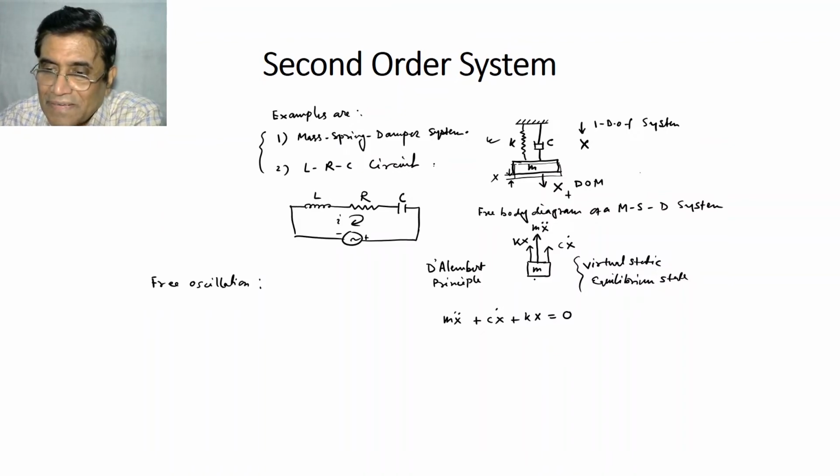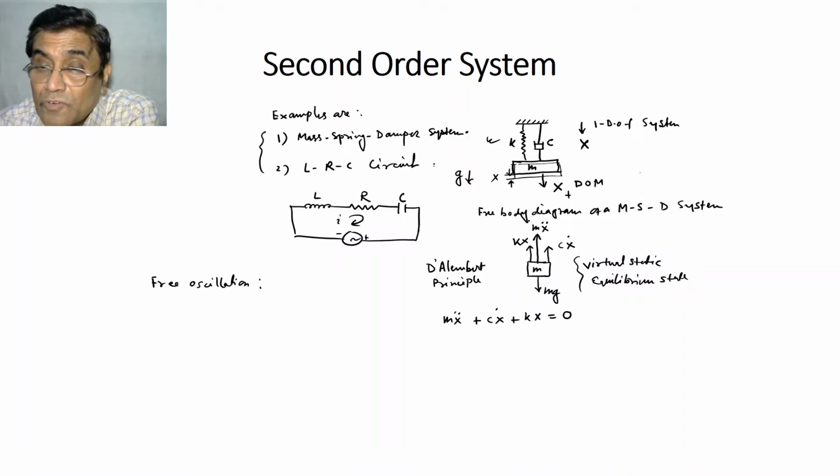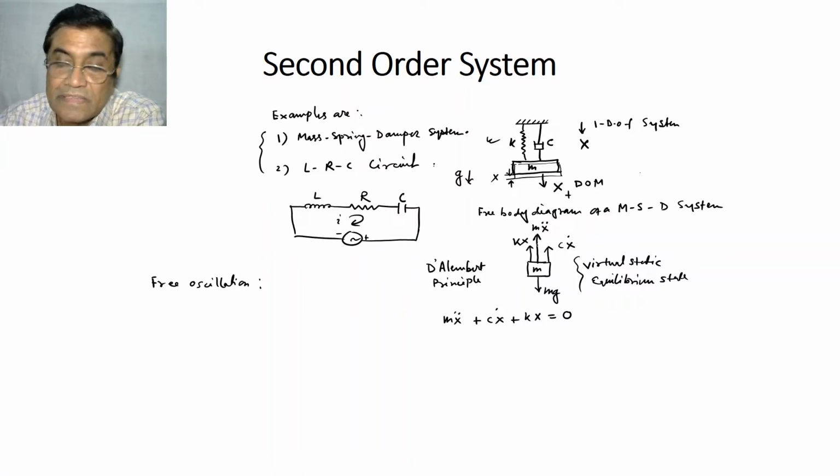I told you that in free oscillation, gravity has no role to play here. But somebody may say, no, the gravity is there. Let us consider that gravitational force also. So, according to you, there will be a gravitational force. But then, what will be the inertial force? According to D'Alembert's principle, the inertial force is mass times acceleration.